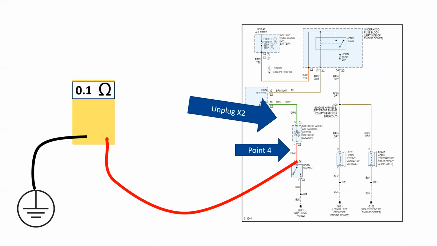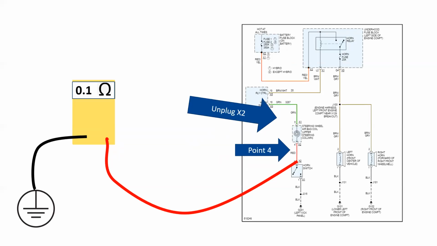So where's the motion? The motion is between the horn switch, the steering column, at the airbag, at the clock spring. So I'm looking at a place where there's motion, and that's exactly where I found this particular short to ground.